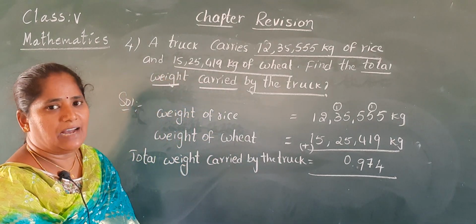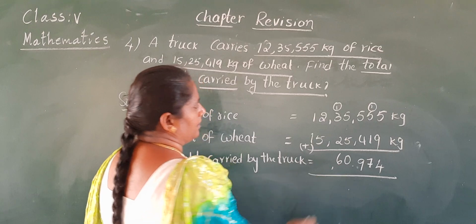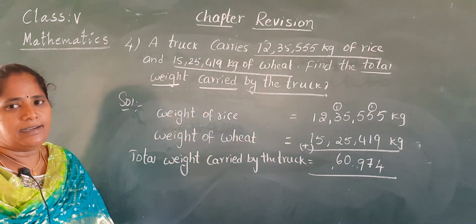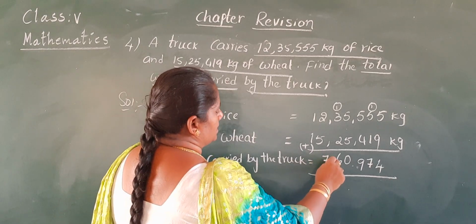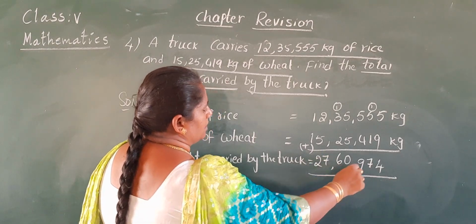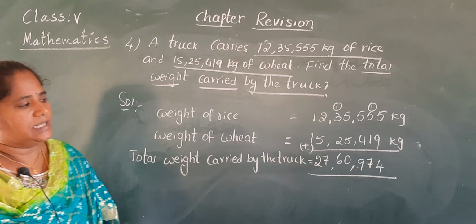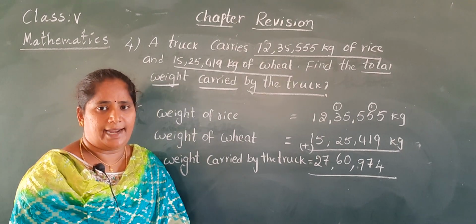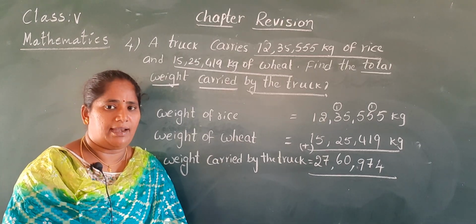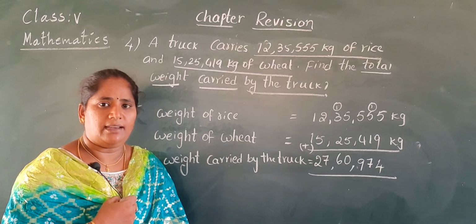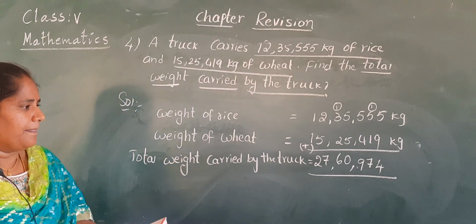Take 1 finger, 3 after 4, 4 plus 2, 5, 6, 2 plus 5, take 2 fingers, 5 after 6, 7. So 1 plus 1 is 2. So the answer is 27,60,974. Okay, ma? 27,60,974 kgs.